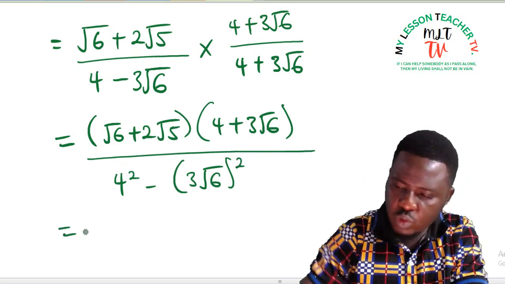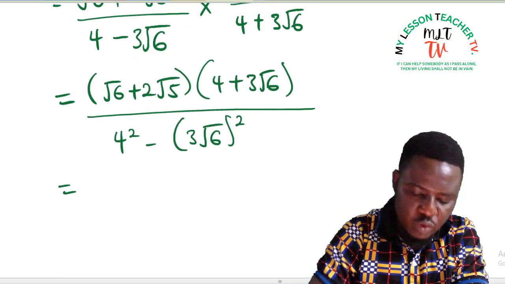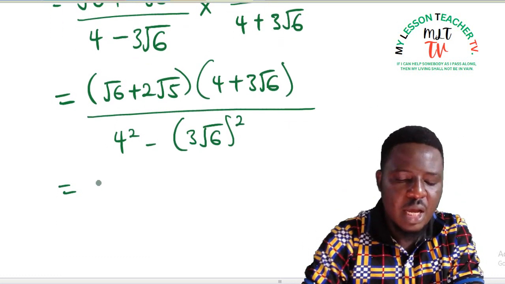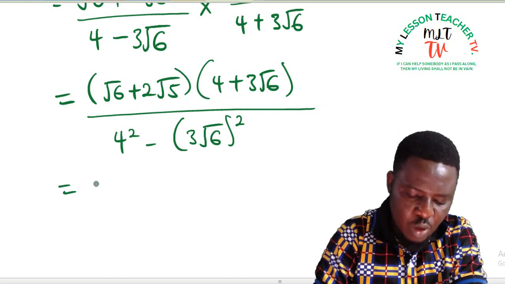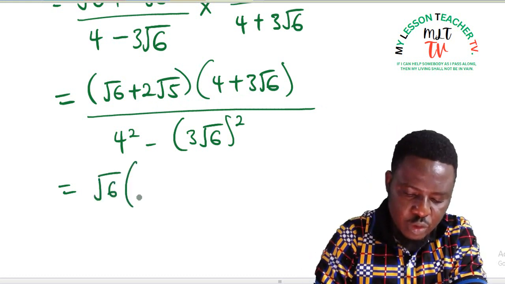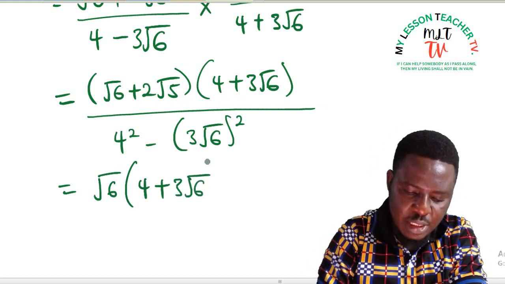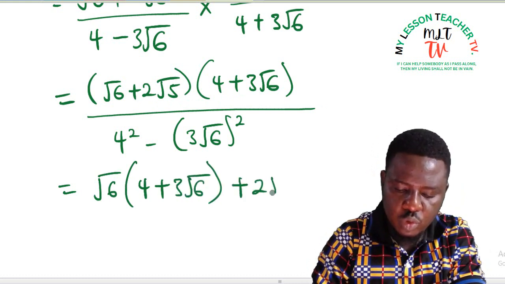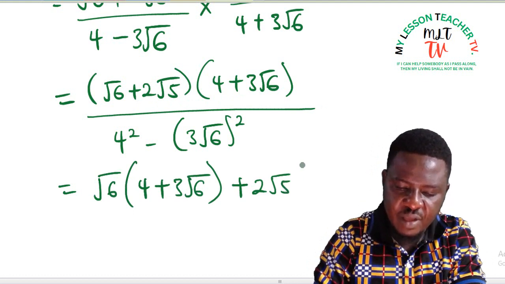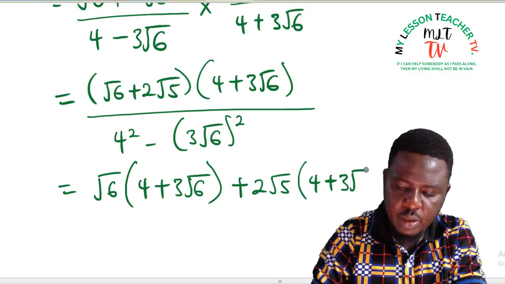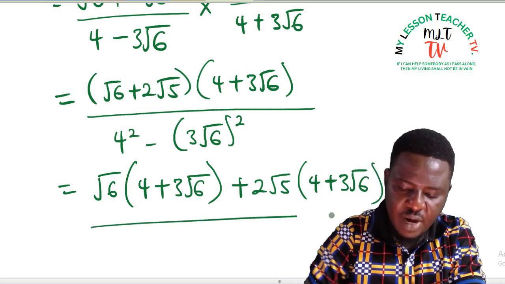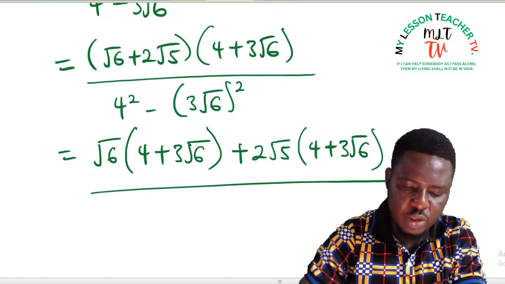So this is equal to, I will split one of the brackets into 2 at the numerator and use them in turns to multiply the second bracket. This becomes root 6 into 4 plus 3 root 6 plus 2 root 5 into 4 plus 3 root 6. Divide by, you simplify the denominator.